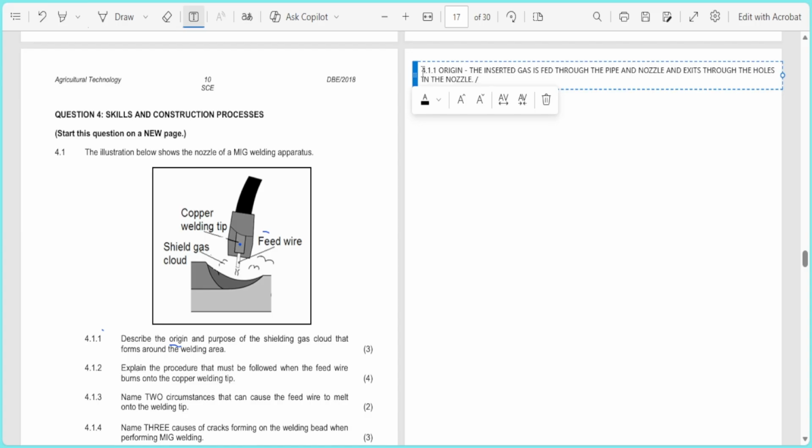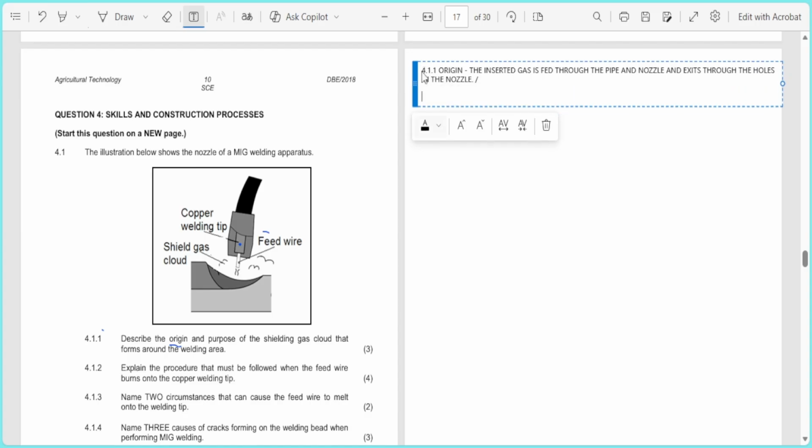Then we can continue, perhaps providing the purpose as well for that gas. The purpose is to shield the molten puddle from oxygen contamination.